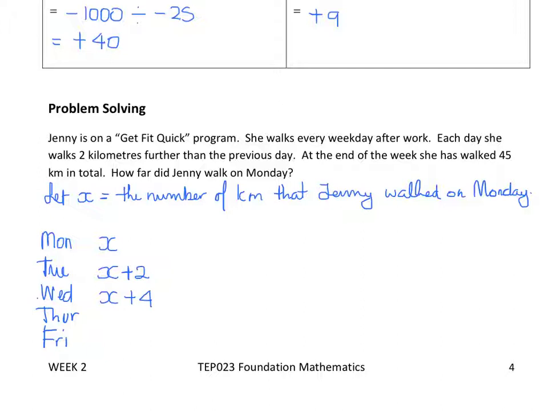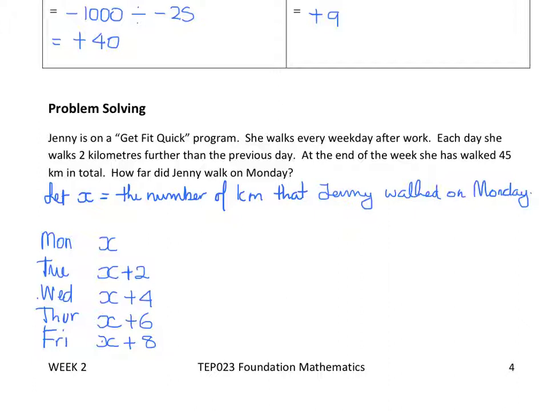And then on Thursday, she walked yet another 2 kilometres further. I wish I could walk this far. X plus 6. On Friday, yet another 2 kilometres further, so X plus 8 kilometres.